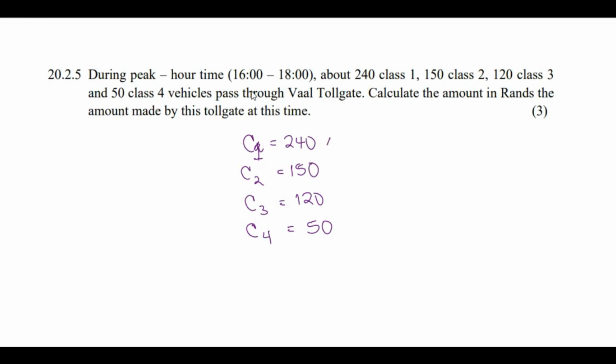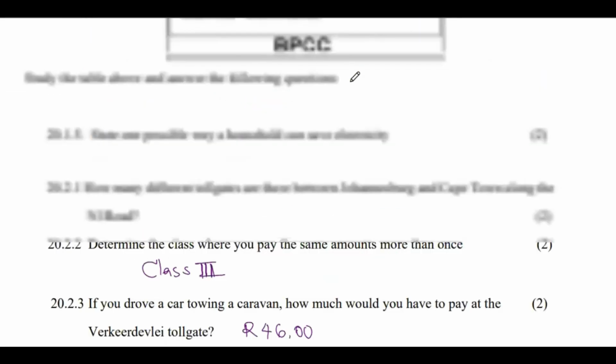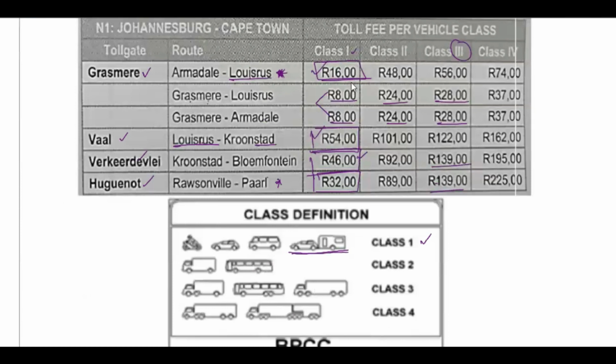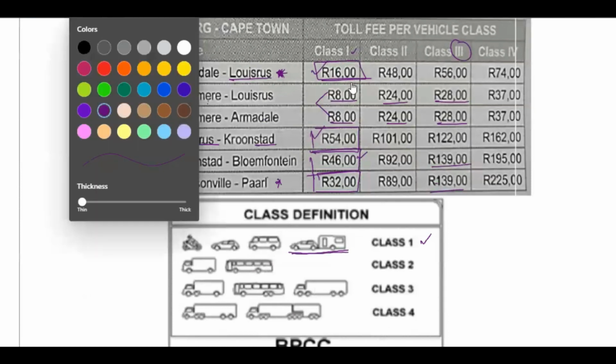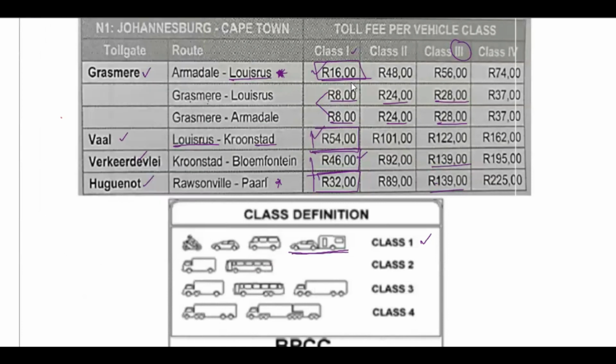So 200, this is class 1, we shall multiply by the money coding. So let's go there to Val. We are here. Looking at this.